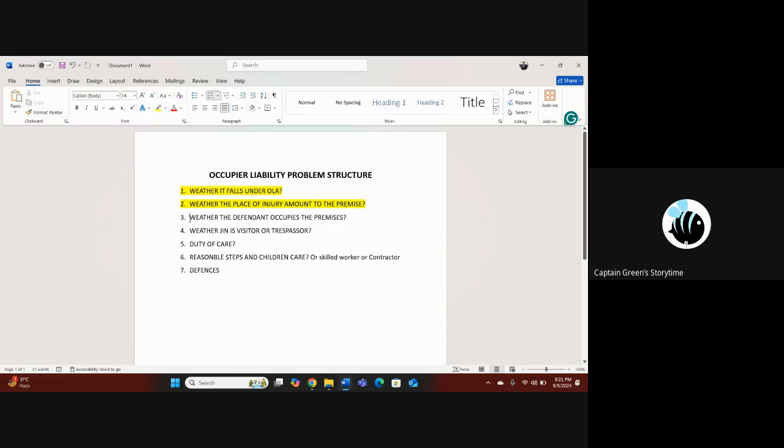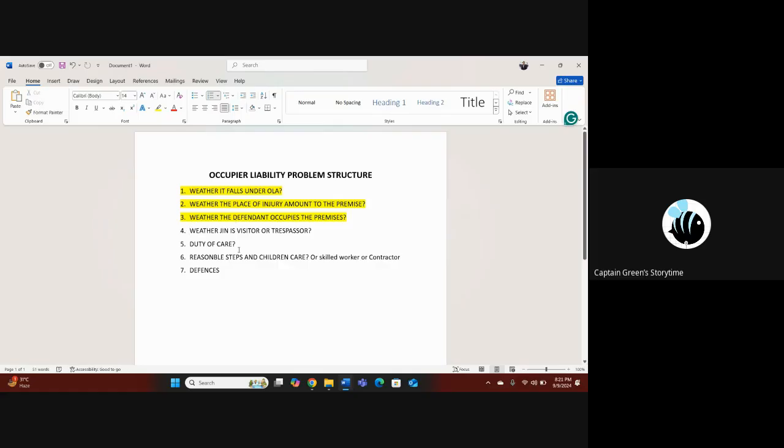Then moving on, you stated that the injury has been caused in the premises. Now, is the premises occupied by the defendant or not? Whether he has control or physical control of the premises, such as the house or the office. If he is in physical control of that place, then step number 4 is clear.